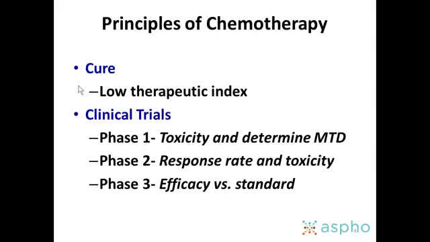Now, that has changed, and some people have begun to look at clinical benefit rate and then progression-free survival. But typically, you usually want to have a response rate of about 20 to 30% with a particular drug to consider it active to move it forward.